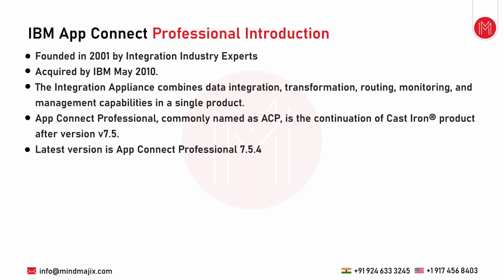All these things we can do by using this App Connect Professional tool. As I already mentioned, from Cast Iron 7.5 onwards, they renamed it to App Connect Professional. The latest version is 7.5.4, which is the latest version from the IBM team.